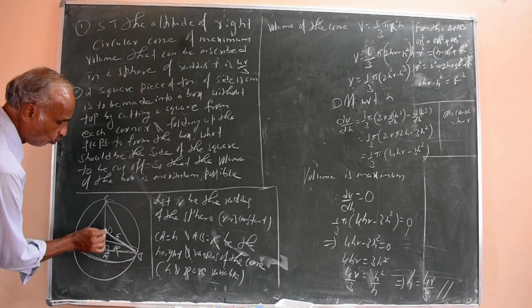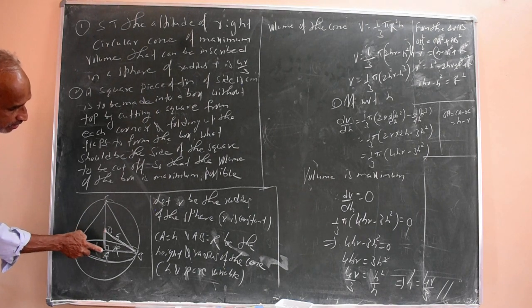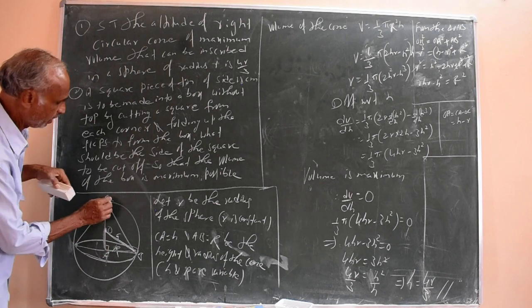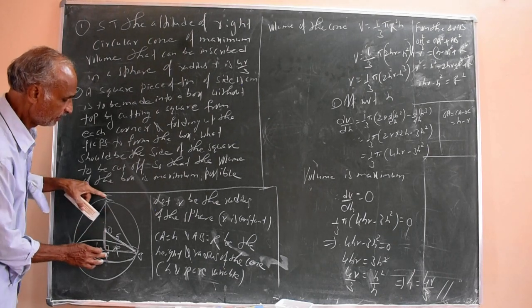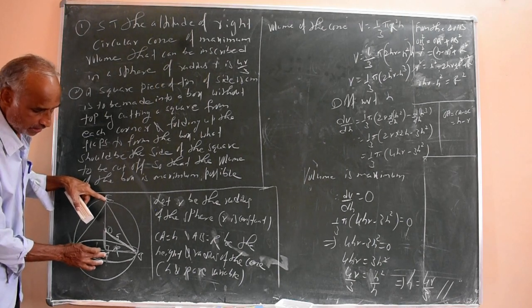So what is OA actually? OA is equal to CA minus OC. What is CA? h.